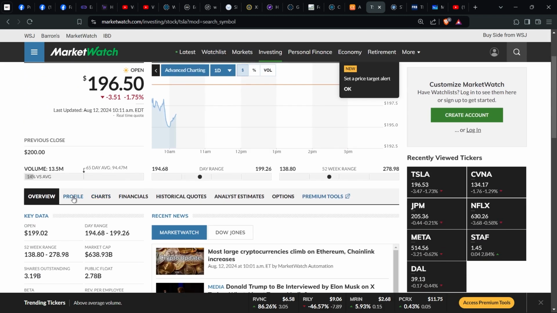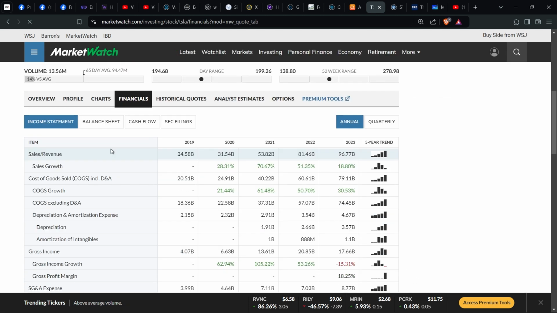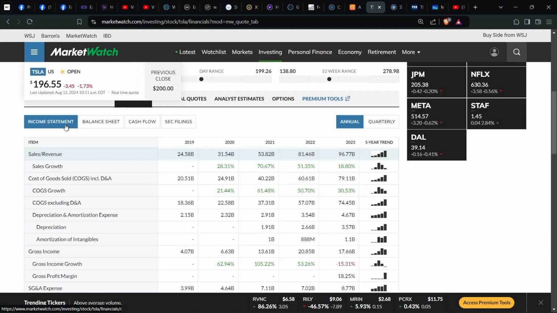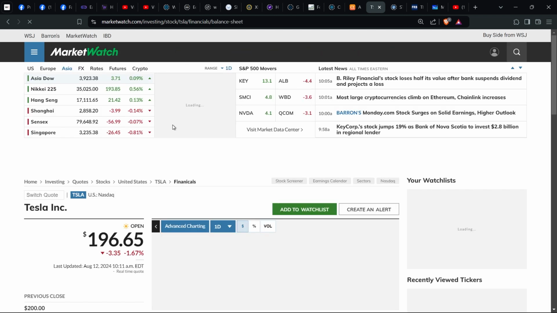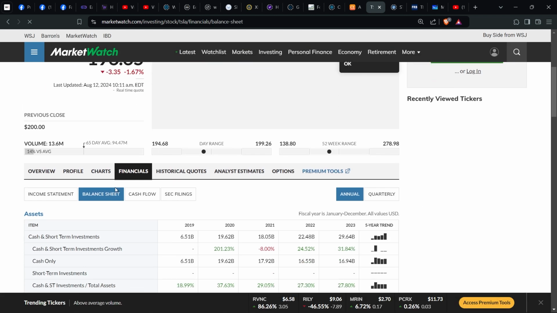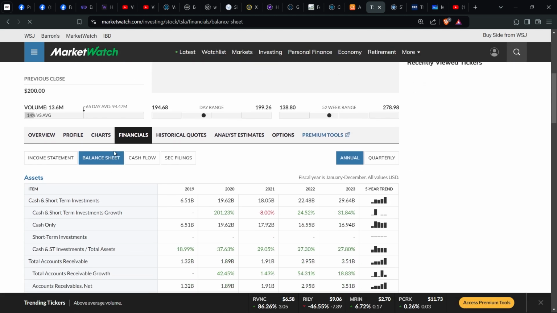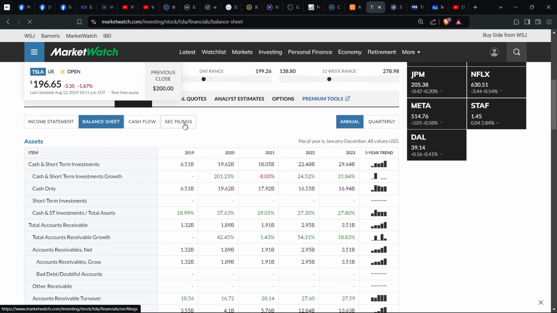Then overview, profile, charts, financials. Go to financials and you can see the statements are here: income statement, balance sheet, cash flow, SEC filings. Select the balance sheet because that's the one we're looking at today. SEC filings is where you'll find the official documents, the 10Ks and 10Qs, 8Ks.